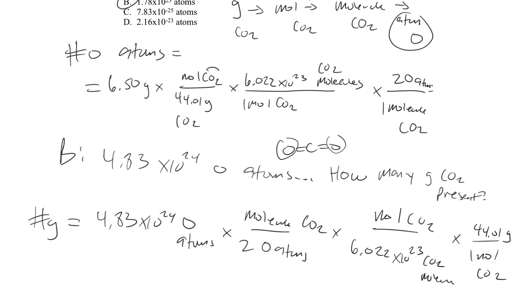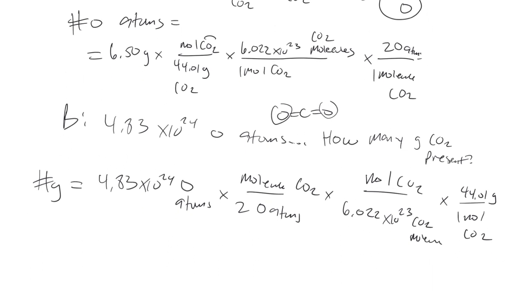So we can run the math the opposite direction. If I had this count of oxygen atoms, then we'd have 176 grams of CO2 present.